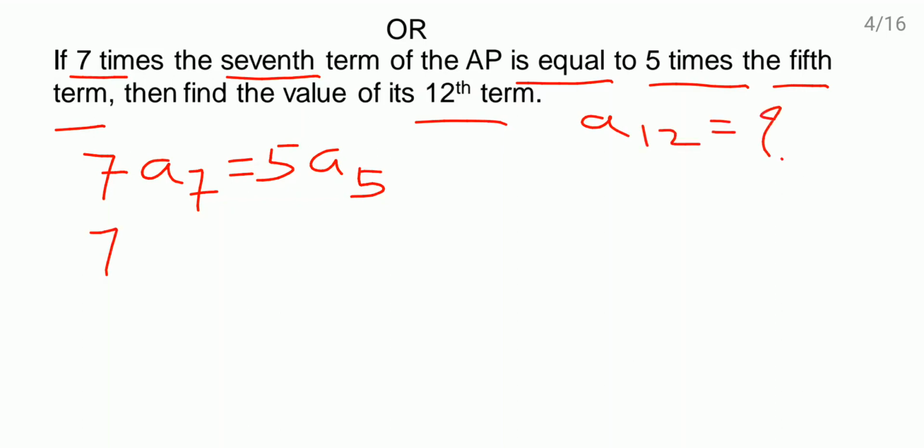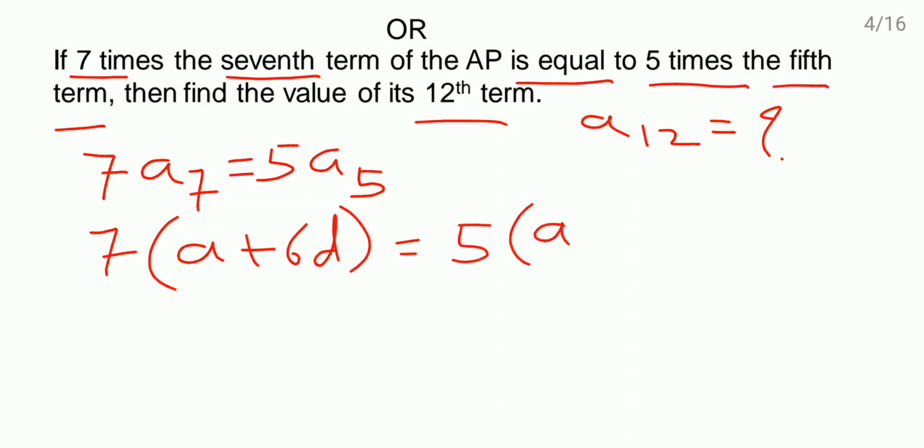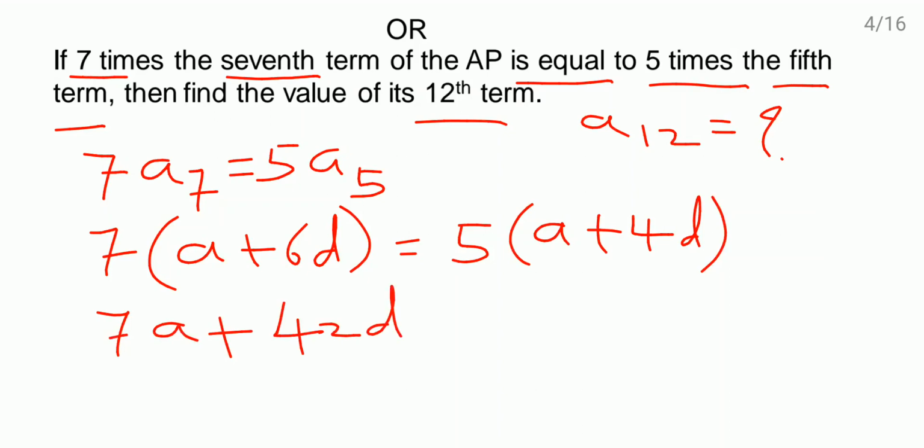So here 7 as it is, the 7th term is A plus 6D, which is equal to 5 into A plus 4D. Just we'll multiply it: 7A plus 42D equals 5A plus 20D.